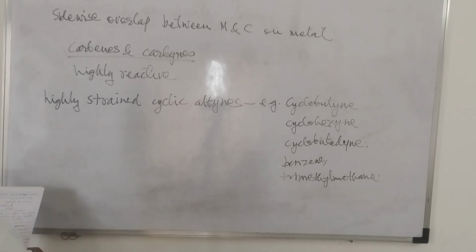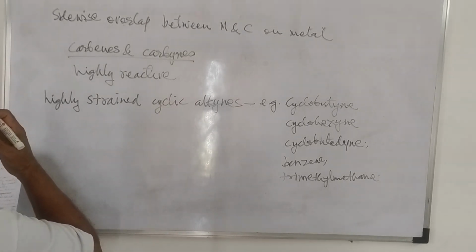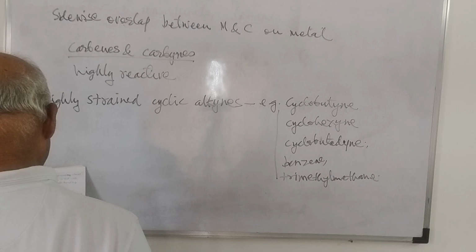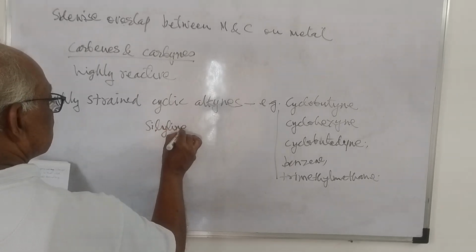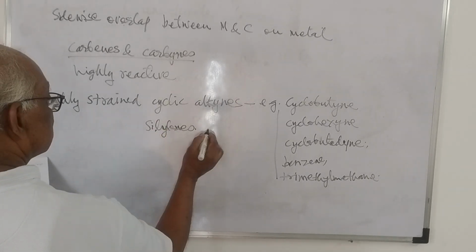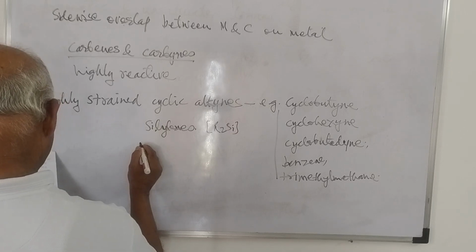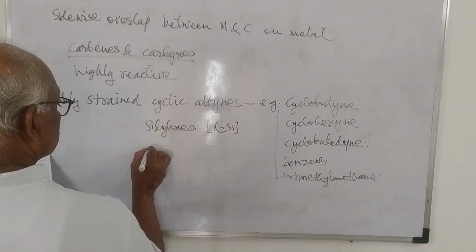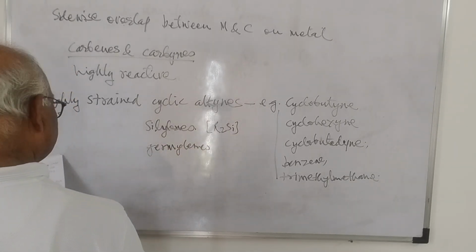Now, inorganic entities are also stabilized here, that is carbenes and carbynes. So these are organic entities, and inorganic entities are the silylenes, that is R2Si, and the corresponding examples are germylenes and stannylenes.